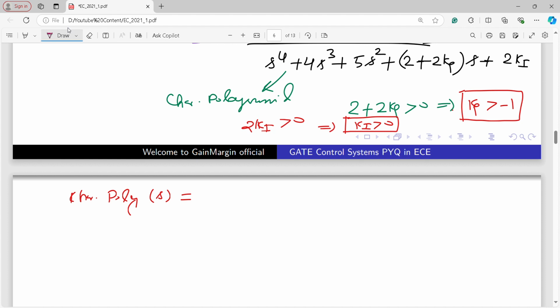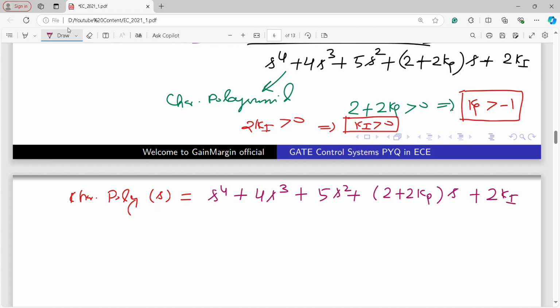So it will be s power 4 plus 4s cube plus 5s square plus (2 plus 2Kp) into s plus 2Ki.